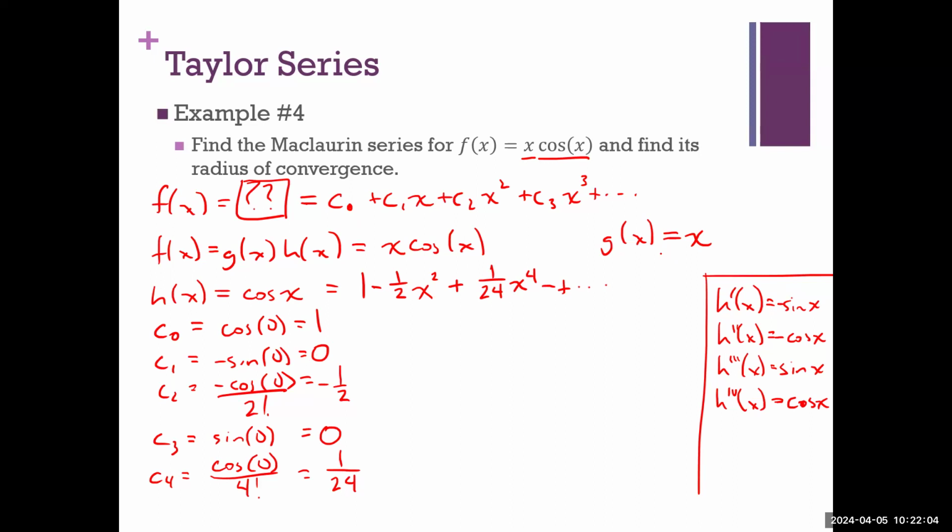Do we see any kind of patterns emerging? So which terms am I going to be missing? All the odd terms, right? And then what can I say about the even terms, the ones that are actually going to be non-zero?